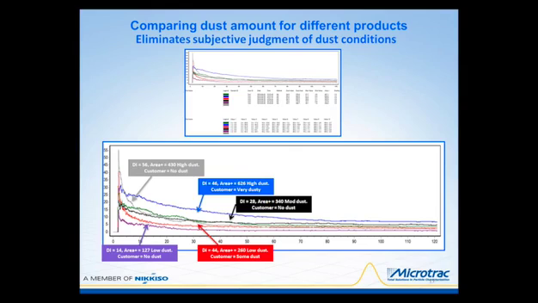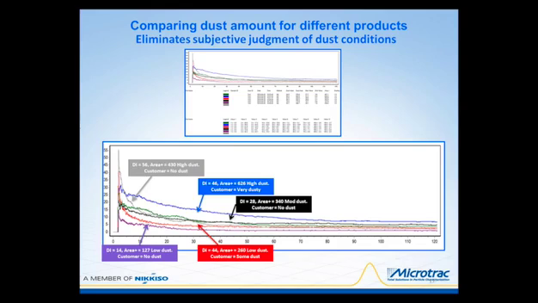Again, the customer did not expect dust to be present. And the same type of thing can be said with these other types of curves. So there's quite a bit of information and indications about materials and how much dust can be produced, or the expectation.